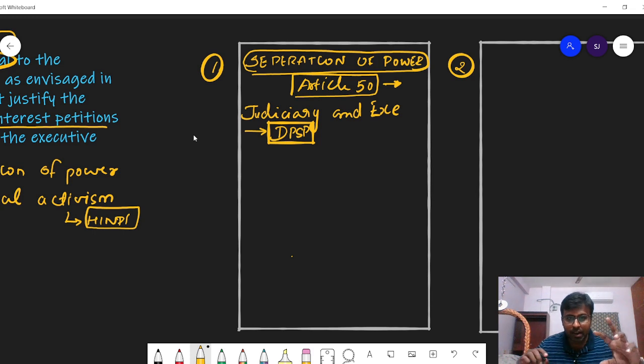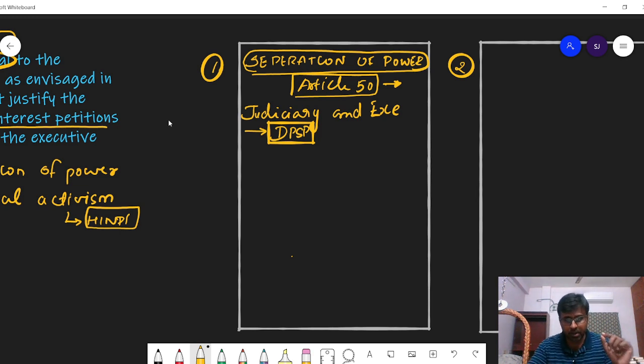The question says judicial activism is antithetical to this, or to separation of powers. So we will start with separation of powers, explaining to the examiner that Article 50 is in the constitution, and it asks for the separation of judiciary and executive, which is in the DPSP.